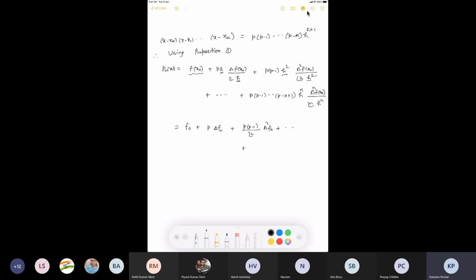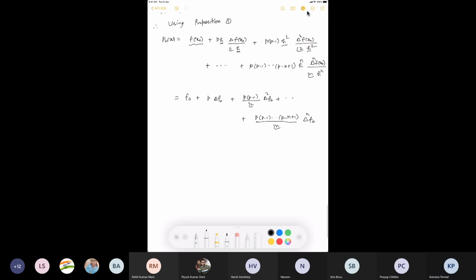And the last term in this summation is going to be p(p minus 1) up to (p minus n plus 1) divided by factorial n times delta^n of f naught. Do you recognize these coefficients here? They are famous coefficients. There's a name for it.